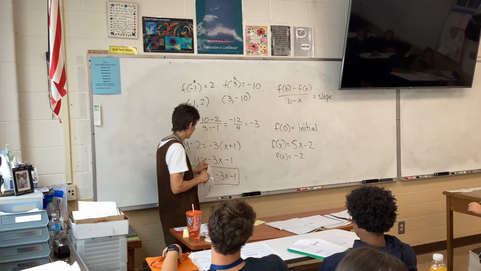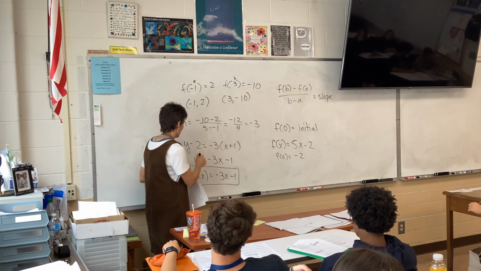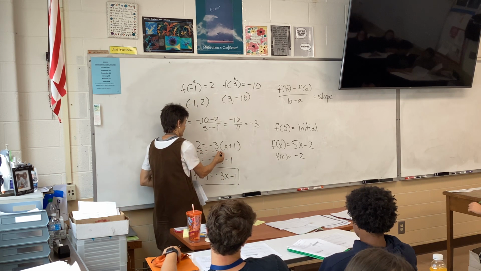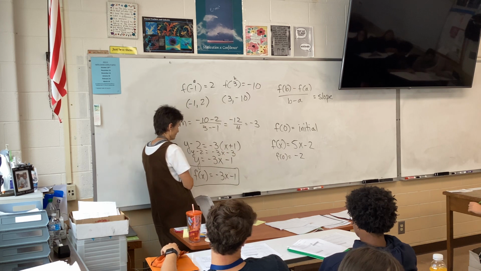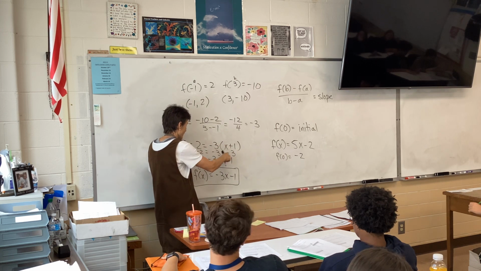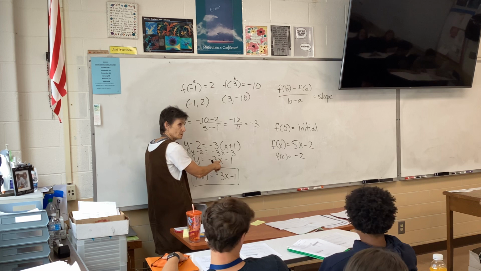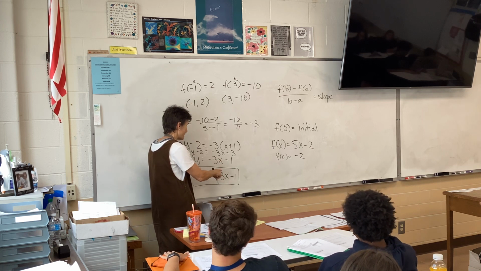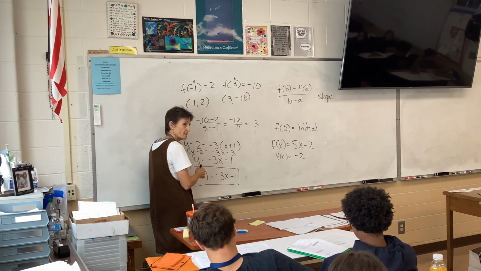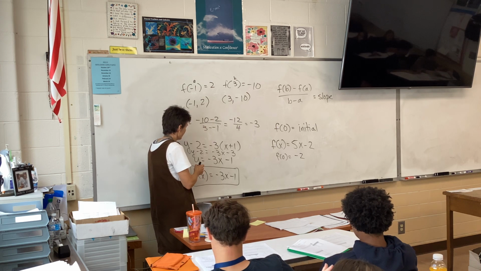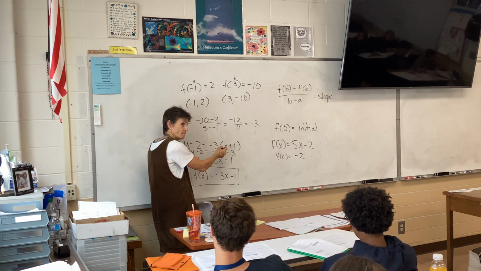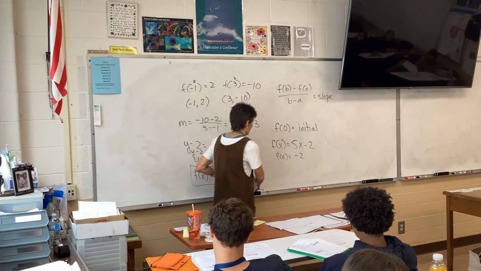I worked this out. So I distributed -3 and added 2. So I didn't put anything in it, that's just what it came out to be. Point slope. Okay.